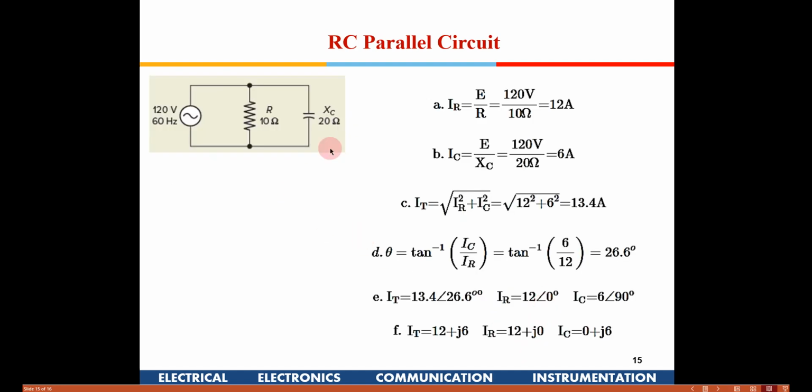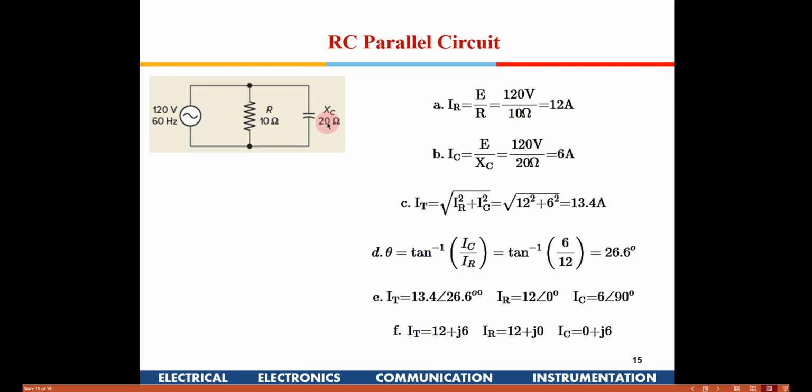One more example is given here, where 120 volts has been applied. This is 10 ohms, and here the impedance XC is given straight away. You have to be careful. Once it says omega out here, it means the 60 hertz has already been taken care of in this problem. So be extremely careful.